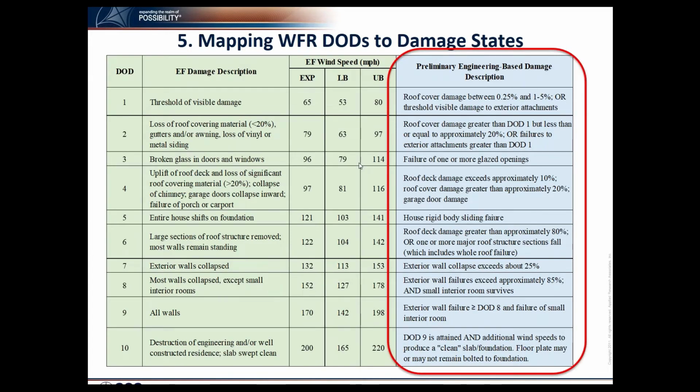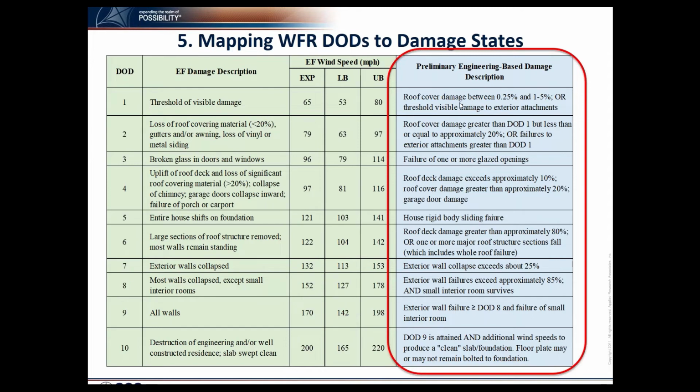Now, when we run our model, we get the damage of a building, and we need to interpret that and map it to the DOD state that we have in the EF scale guidance document. In the EF scale documents, the DOD descriptions are subjective and need observer interpretation, but our model doesn't know that, so we need to quantify the damage.